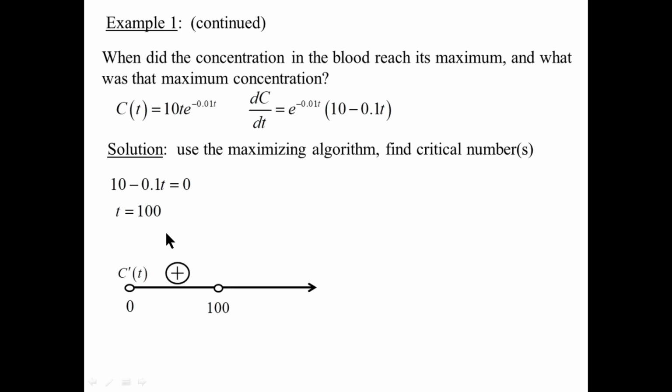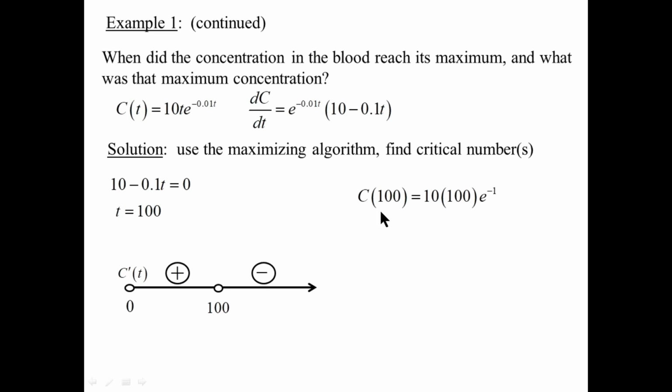Evaluating the intervals is fairly simple to do. I've evaluated them as positive and negative, and I suggest you confirm that those two intervals evaluate to positive and negative. And now it appears that we have a maximum when t equals 100. And we're interested in what that maximum is, so we'll take the 100 and substitute it into the C of t expression.